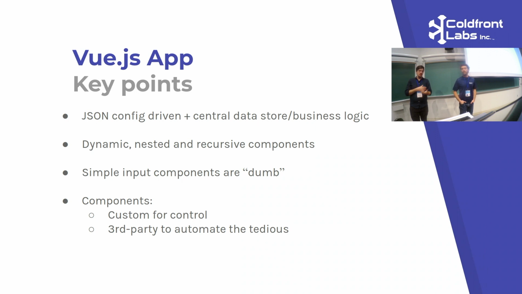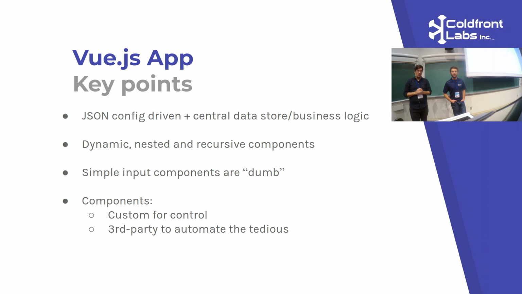I'll talk later about this, but there's something called VueX, which stores the data and business logic. It's dynamic and very recursive, where you can have a component inside another component, and that includes the parent. A component can include itself, basically. That was useful for this because I needed very deeply nested programs.